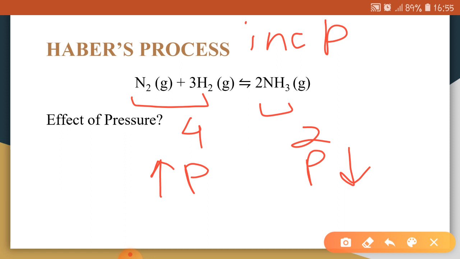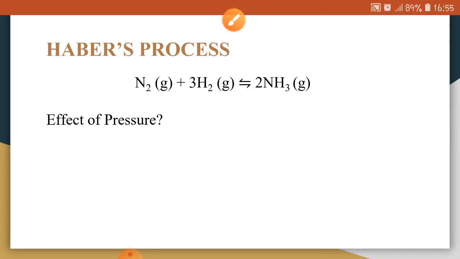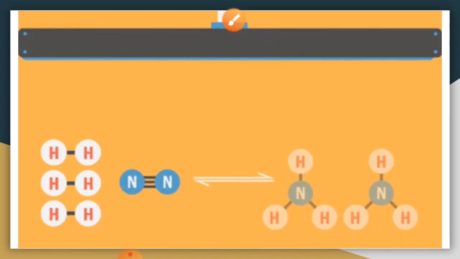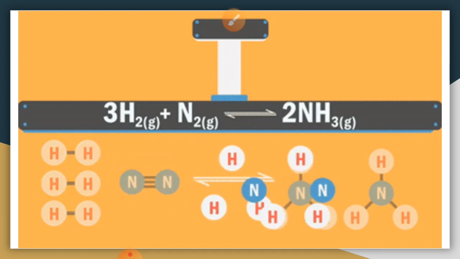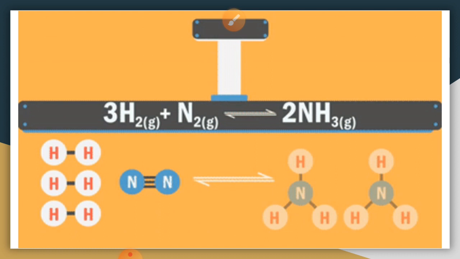On which side is the pressure decreasing, forward or reverse? It is the forward side, because in the forward reaction there is a smaller number of molecules produced. So if we increase the pressure, the reversible reaction would move in the forward direction. What is happening in the forward direction? There is the formation of ammonia. So by increasing the pressure, we are favoring the formation of more ammonia.